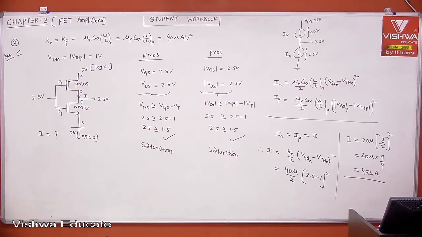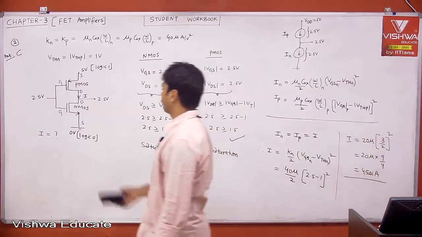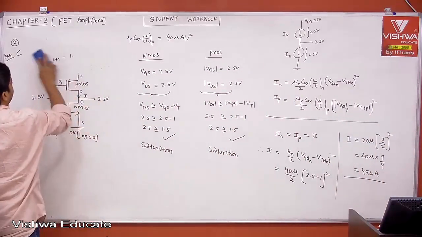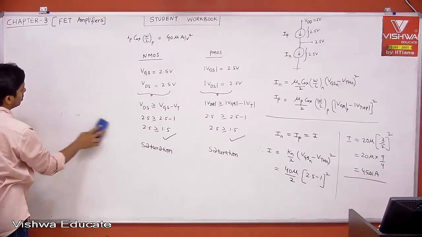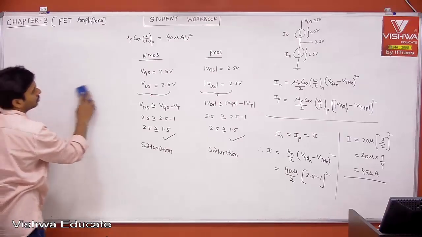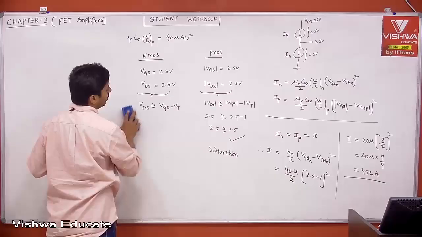Over. Then write down problem number 3. We can use CMOS inverter as amplifier also, but the input bias voltage should be the switching point.